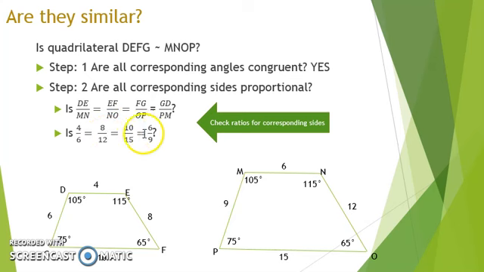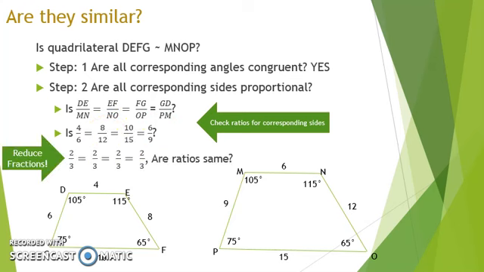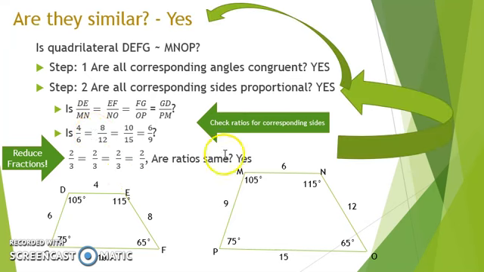Insert the values, the measures of those side lengths. Reduce. Are the ratios the same? Yes, they are. So since the ratios are the same, the corresponding sides are proportional. And since they are proportional and the corresponding angles are congruent, then they are similar figures.